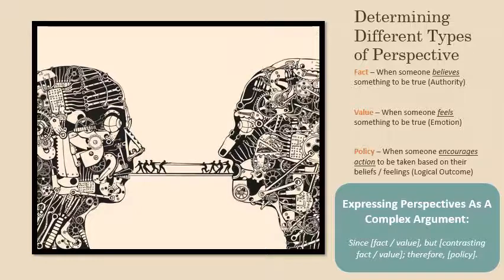So since, and then you fill in the fact or the value that you're noticing. But, and then you'll contrast with a different fact or value, and then you'll lead to a therefore. So therefore, and then you'll talk about the policy that's building from that. Now I know that's a little confusing, so let's look at an example.